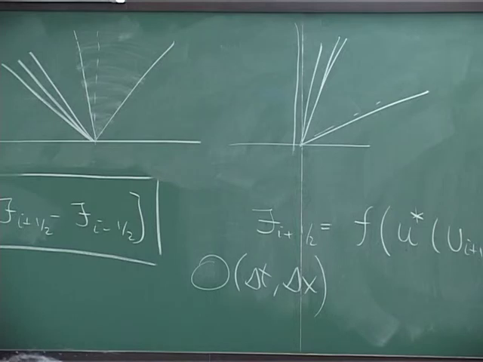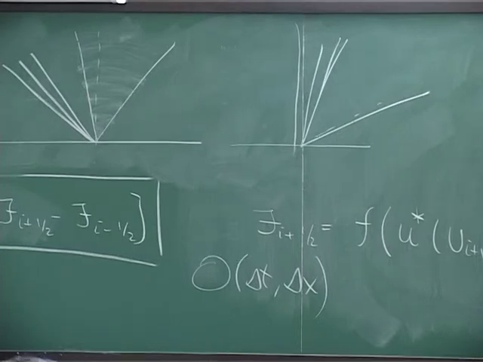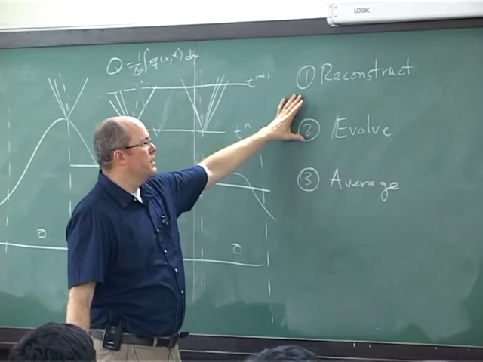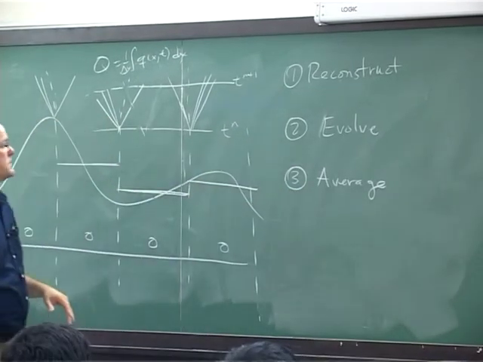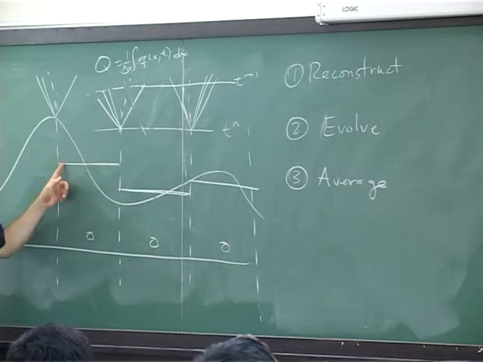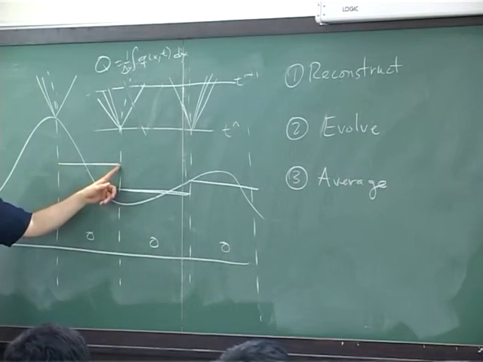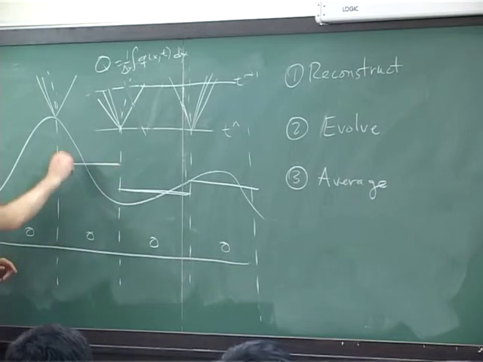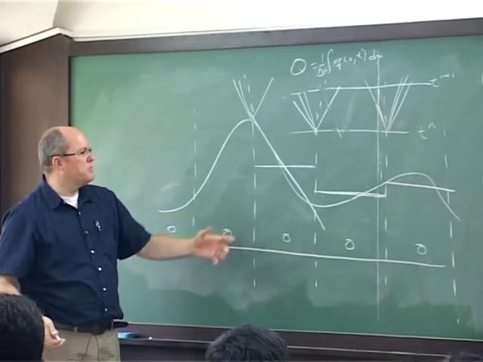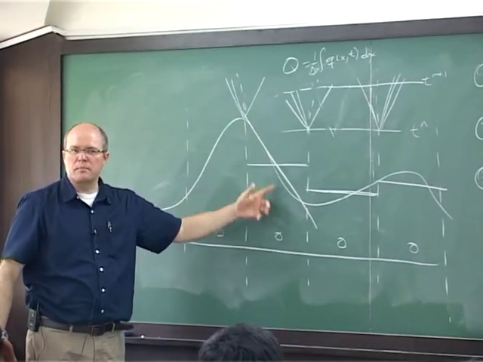And so we would like to improve that. Can you think of anything that we could do to improve our solution? Well, we go back to these steps and imagine what we can do. For one thing, maybe we don't assume that these initial states are constant, but maybe we assume that they are straight lines, linear, or quadratic functions, parabolas.